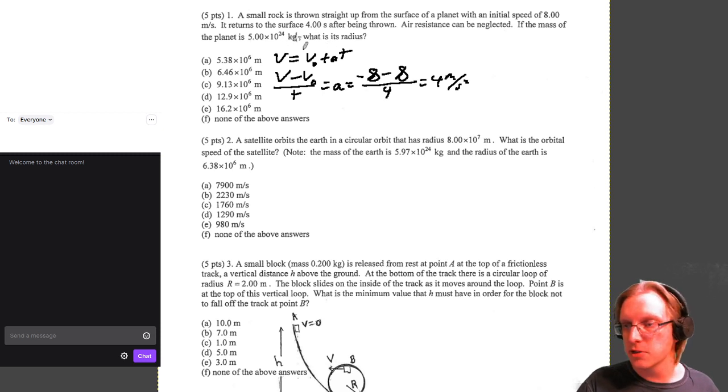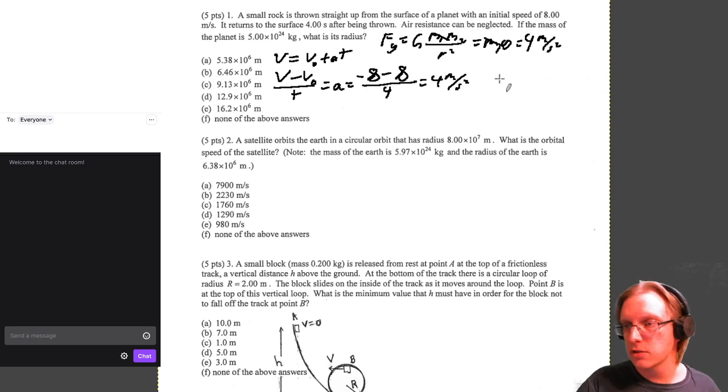We were told the mass of this planet. So we have force of gravity equal to G m1 m2 divided by r squared, which is equal to m g. The m1's go away, and we find that g, which is what this is, is 4 meters per second squared.